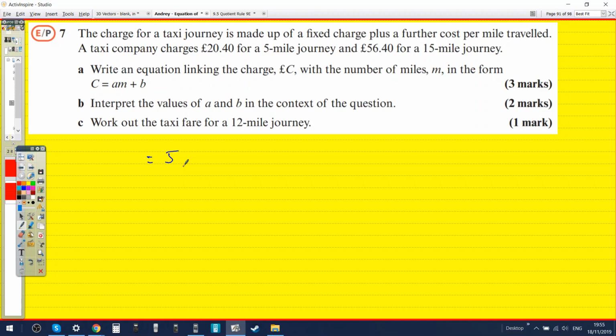So £20.40 equals 5A plus B. And then, do I need to make a 0? You've got two unknowns.